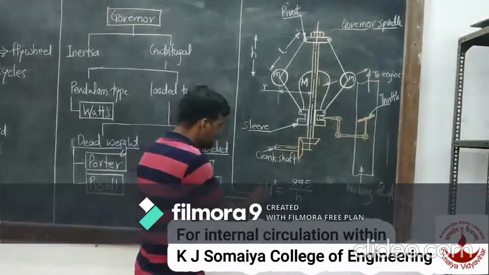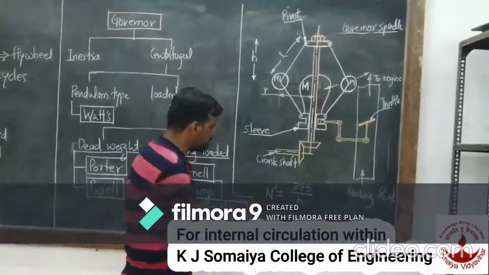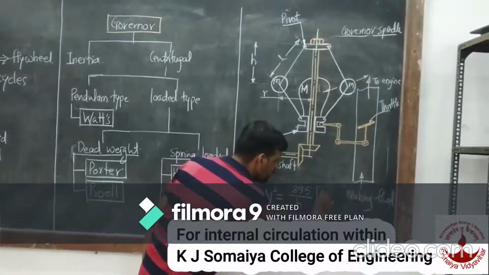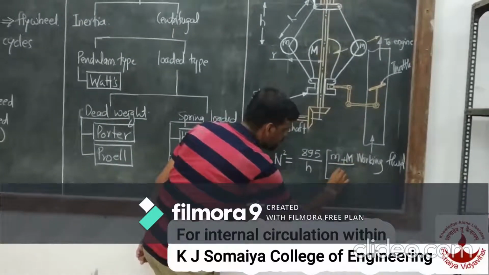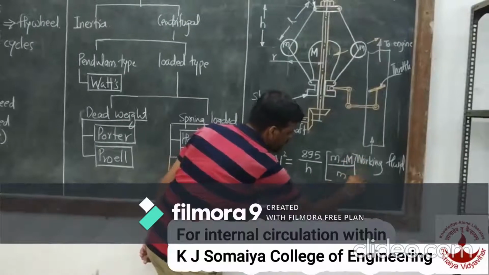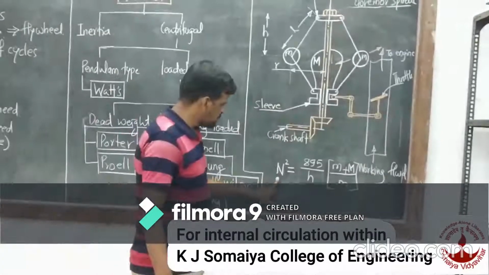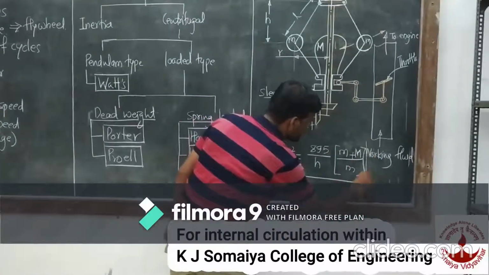Only the equation is modified: N squared is equal to 895 by h, into the product of small m plus capital M, divided by small m. This will be the modifying factor as far as the speed of the Porter governor is concerned. So this is the performance characteristic.